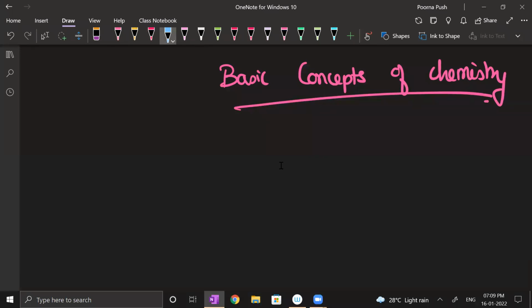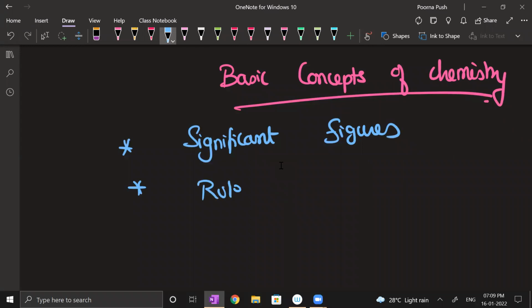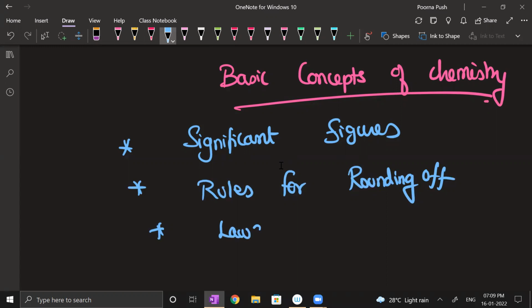So what are the things we are going to see in this chapter? First, you're going to see something called significant figures. Significant figures, what do you mean by that? Then rules for rounding off. Then you have laws of chemical combination.